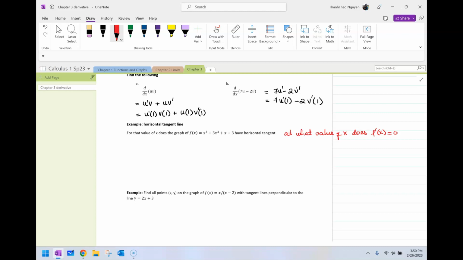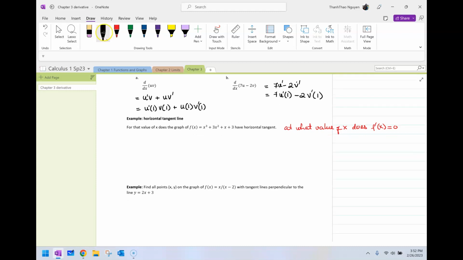If you have a horizontal line, then the slope equals 0. The derivative of f of x is equal to 3x squared plus 6x plus 1. We want to find the value at which f prime of x equals 0. Go ahead and set this equal to 0 and solve for x.